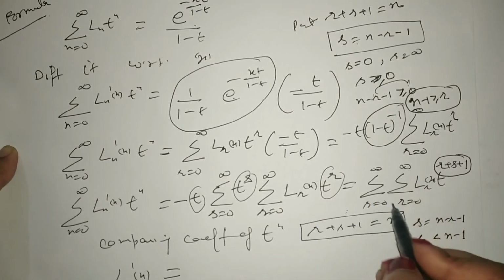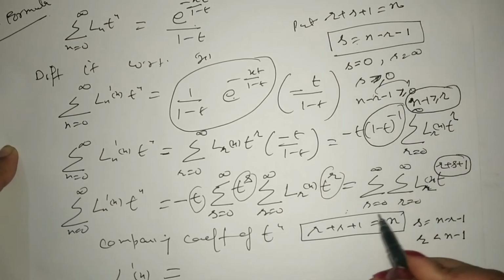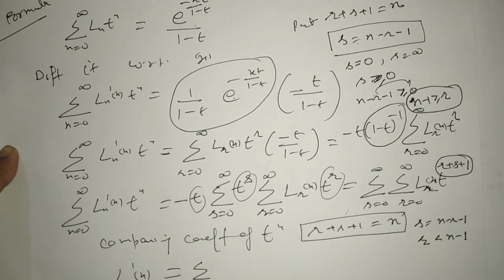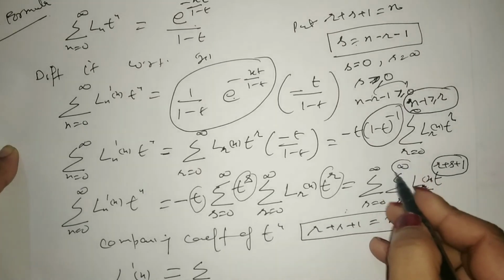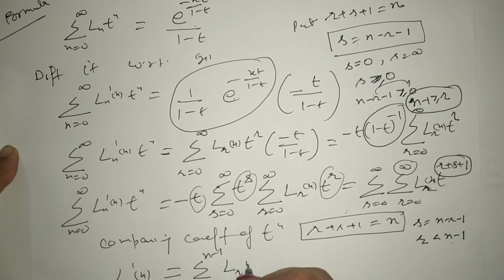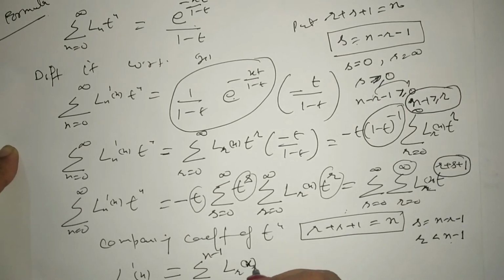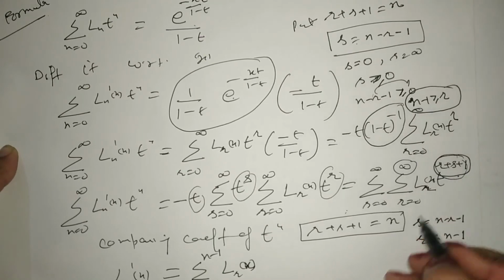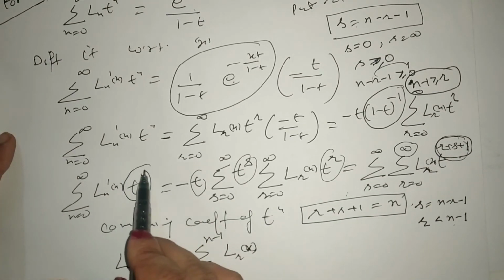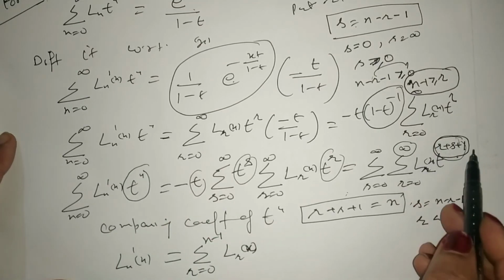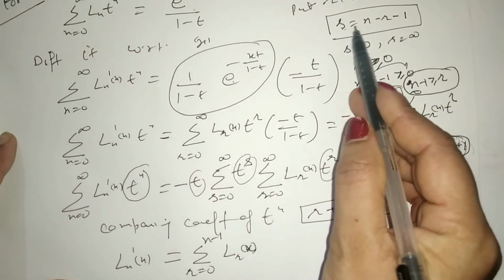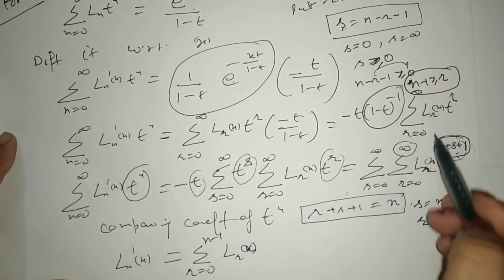So in this summation, if we fix s as this, then the value of r varies from 0 not up to infinity, but only up to n minus 1, and it is L_r(x), and this we have termed as n.